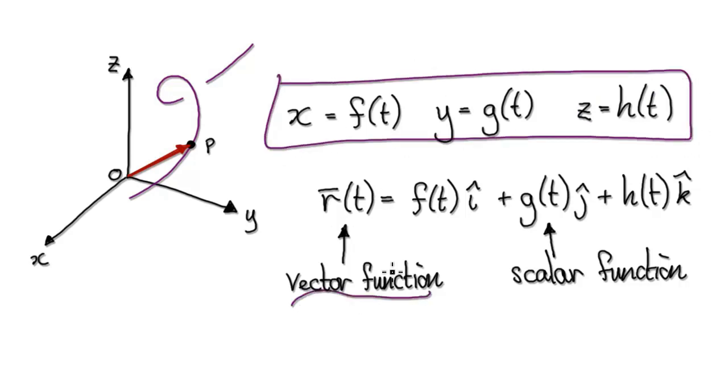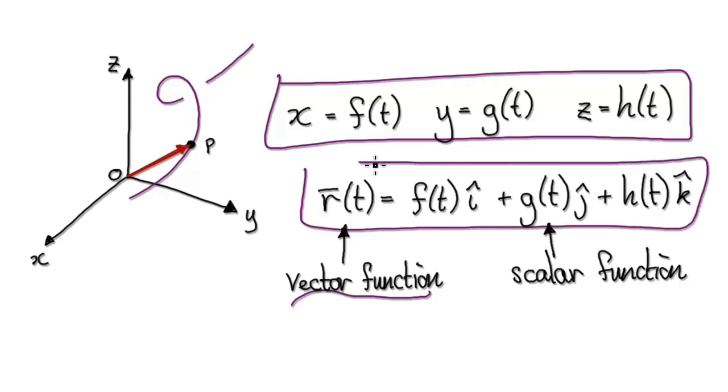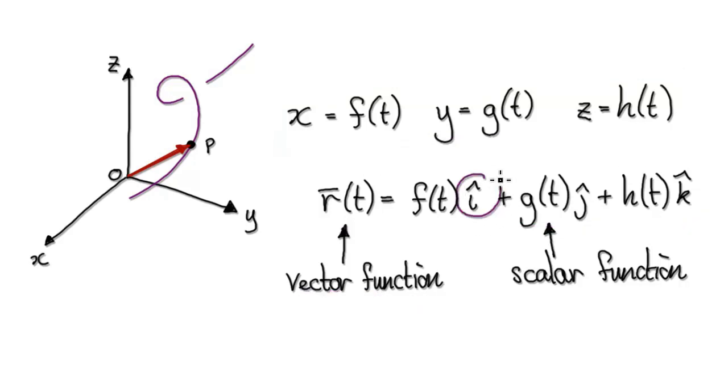Now with vector functions, you've got to picture this as this. This i hat here, in your mind, picture it as a unit-based vector. So think of this i hat as having length 1.